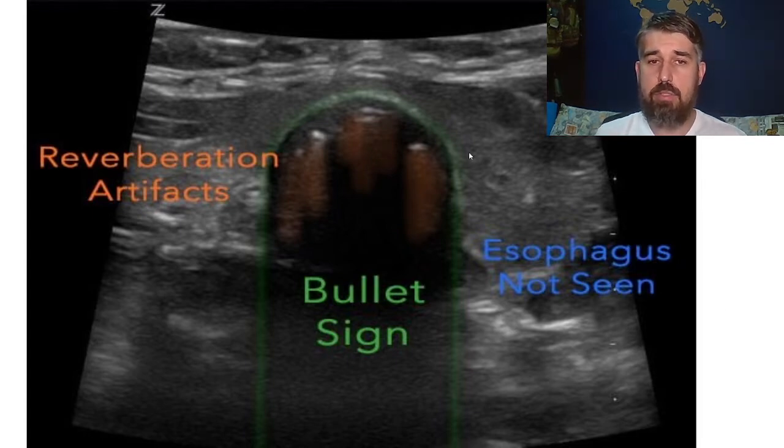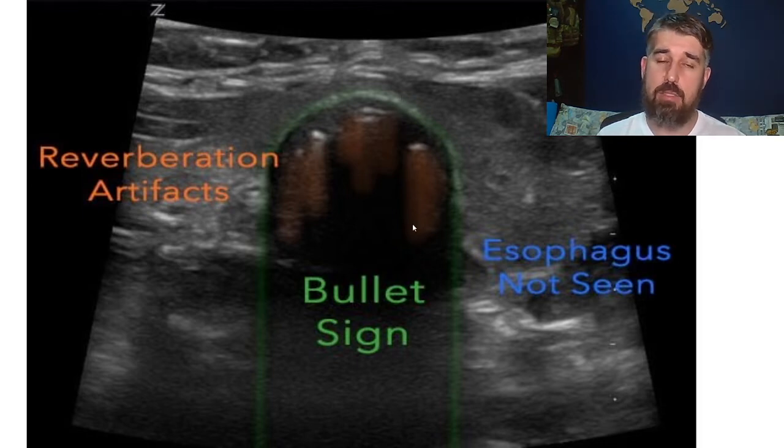You put the probe, preferentially a linear probe, so you can have a good visualization with low depth. So we have high frequency probes. You are going to come from the sternal notch, put the probe, and try to see this.